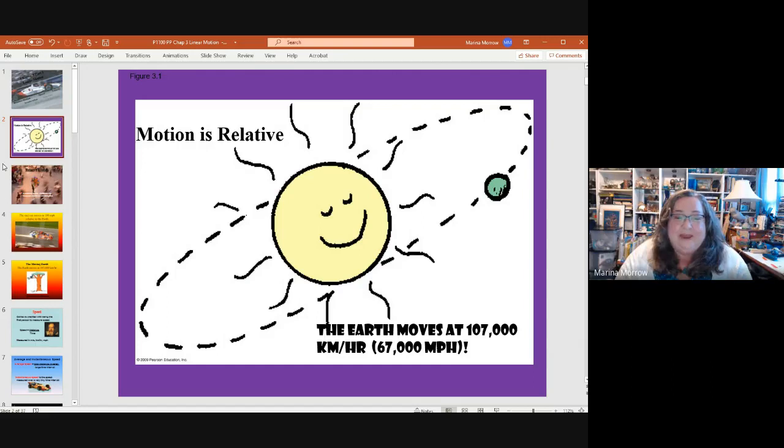So when we are measuring the speed of the Earth that we talked about before, and it was 107,000 kilometers per hour, we were measuring that relative to the sun. The sun itself is moving quite fast. We're moving around our galaxy, the Milky Way galaxy.